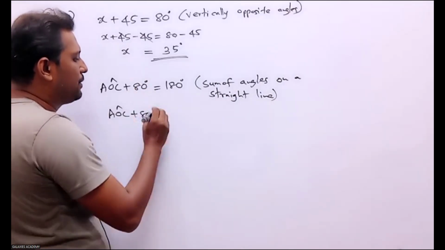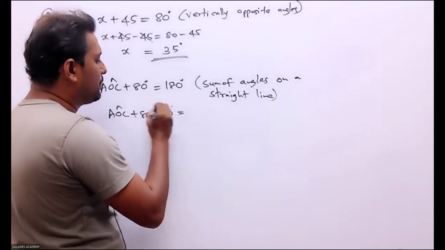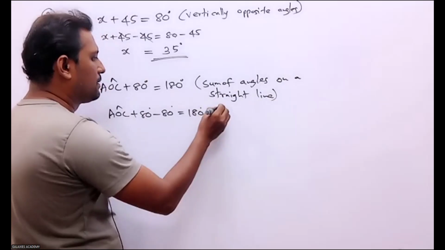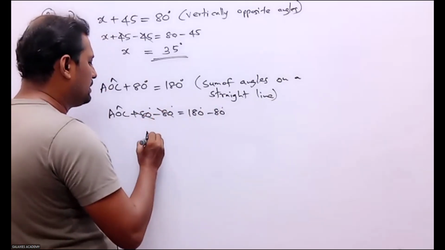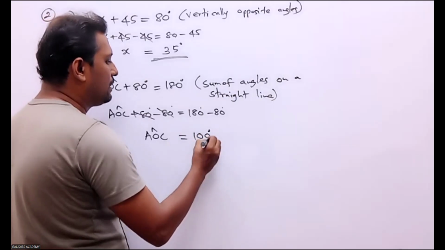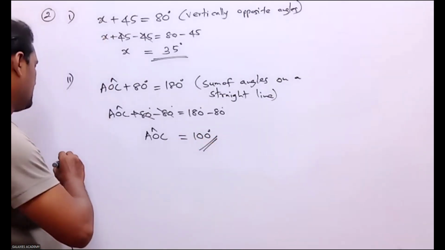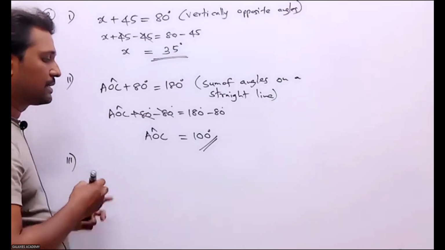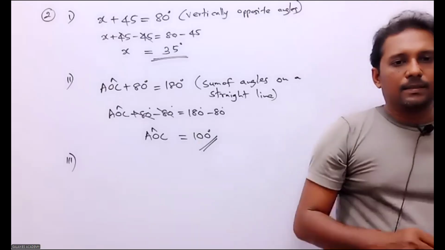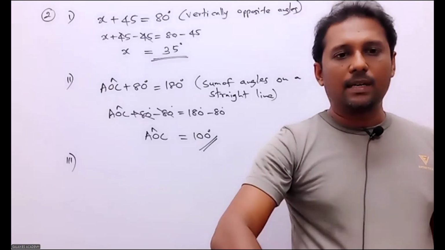This plus 80 you have to remove, so on both sides I can put minus 80. These two cancel. AOC angle equal 100 degrees, right? So AOC angle equal 100 degrees. It is the second part answer.